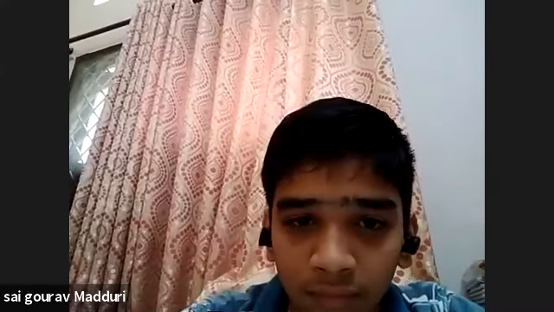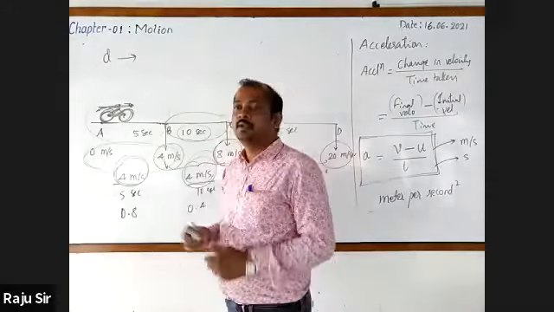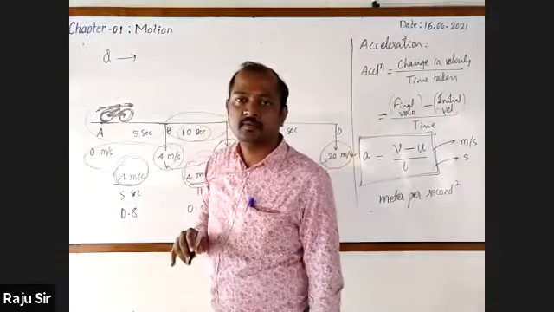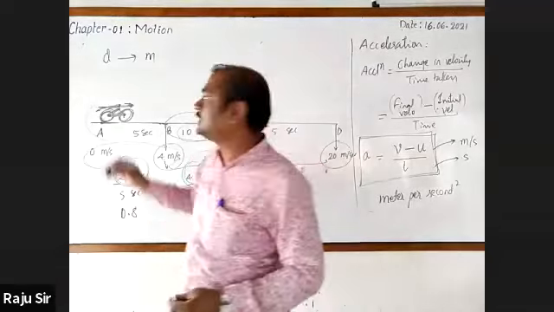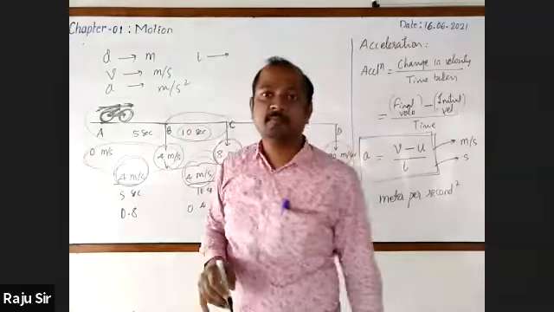Meter. Meter is correct. If so, what is the SI unit of speed? Meter per second. What is the SI unit of acceleration? Meter per second square. And what is the SI unit of time? Second.